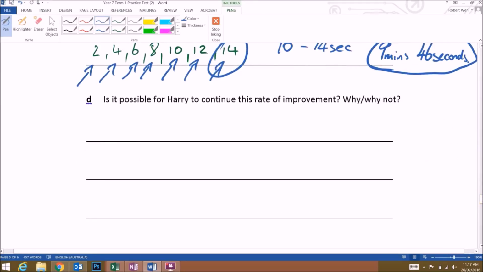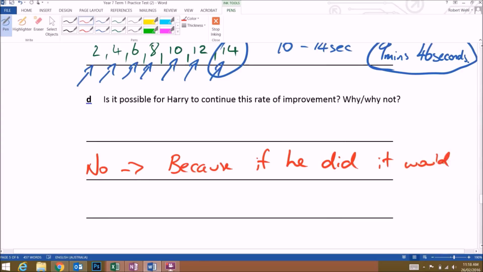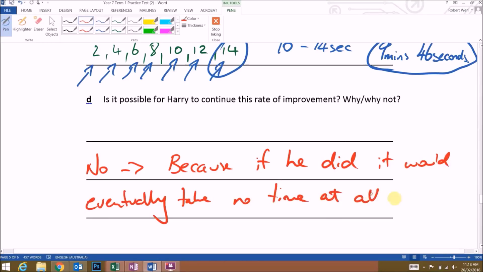Is it possible for Harry to continue this rate of improvement? Why or why not? I'm going to say no, because if he did, it would eventually take no time at all, which is impossible.